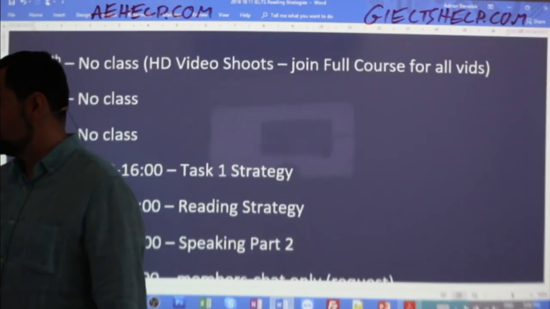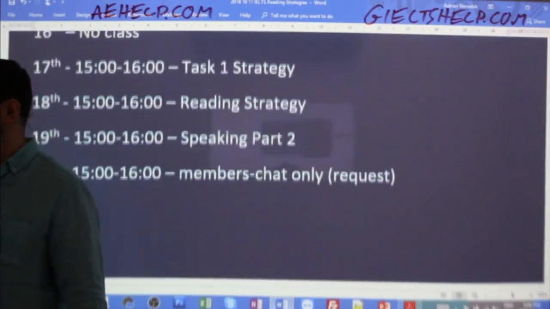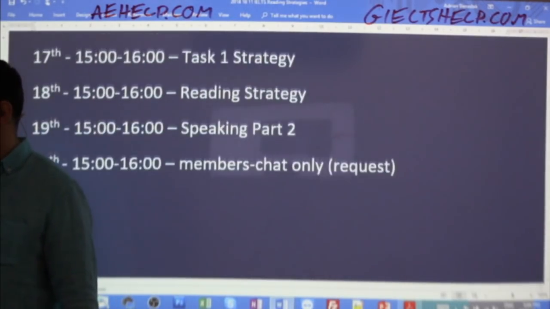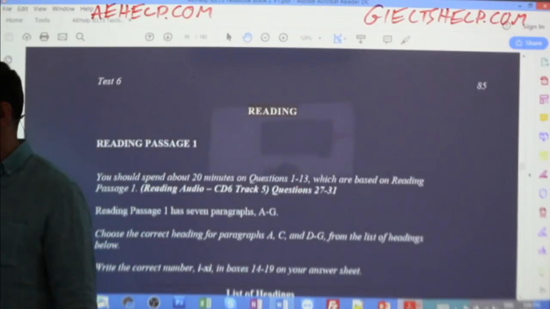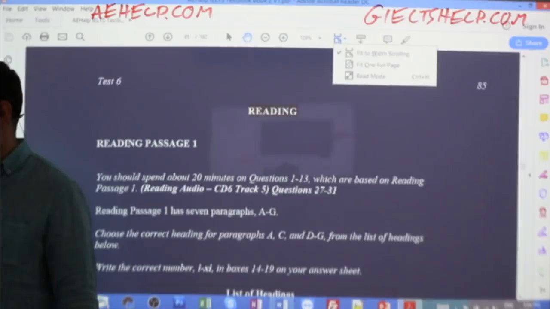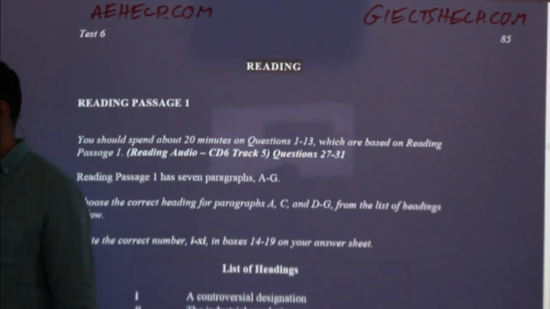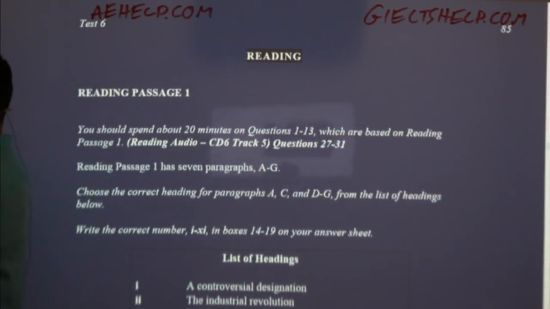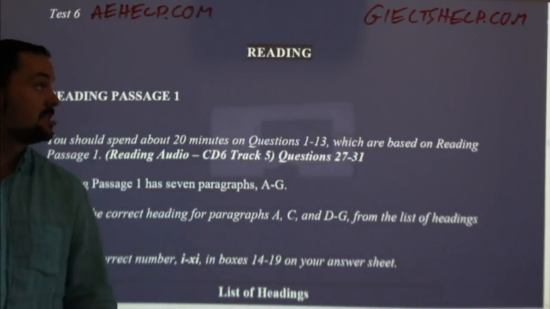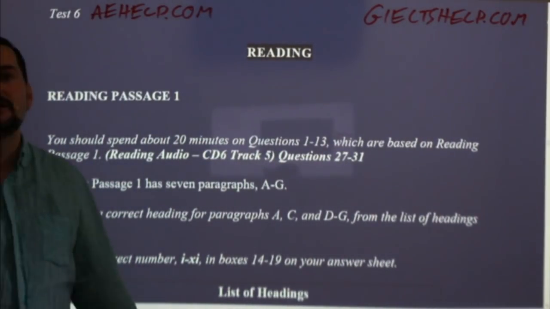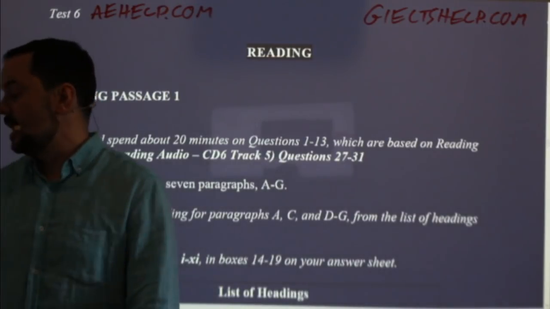All right, so without further ado, let's take a peek at the reading passage for today. Okay, so here is a reading passage. Again, this is reading passage 1 coming from exam number 6. So you can see test number 6 up at the top there.